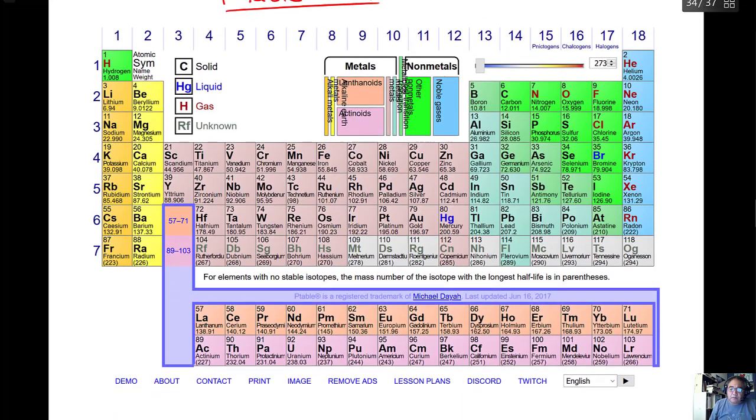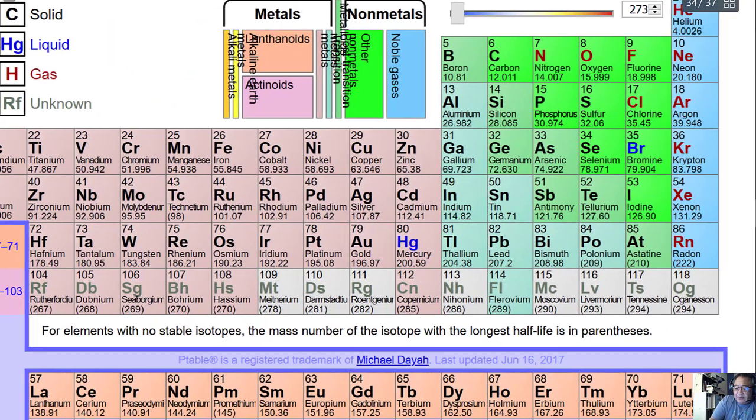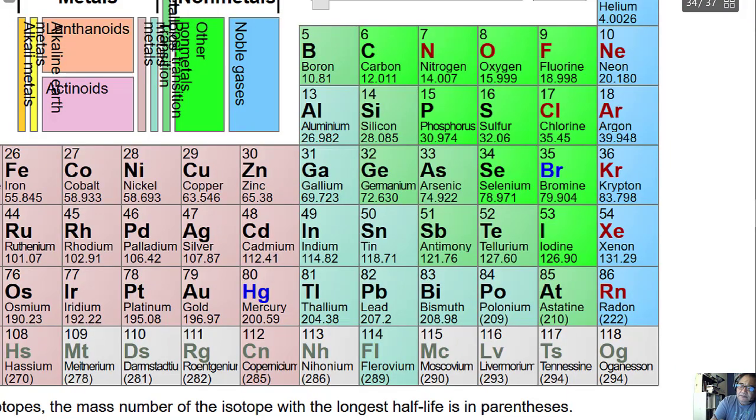So, having said that, the atoms want to be like the noble gases. And if they're close to the noble gases, it turns out they'll always form the same ion. So, for example, if you look at fluorine, it's way over here on the edge of the periodic table.